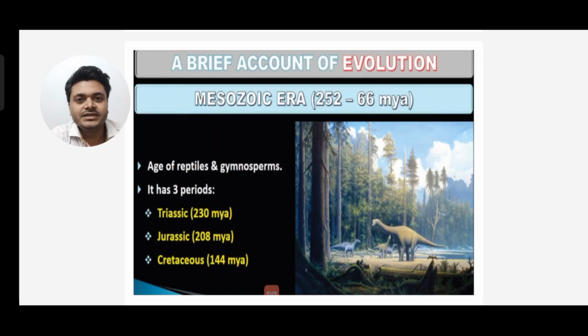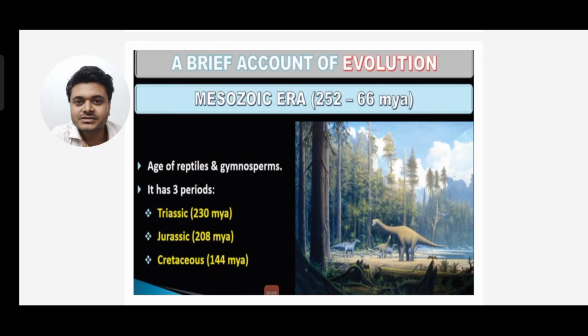So the next era is the Mesozoic era. Its origination is 252 to 66 million years ago. In this Mesozoic era, there is an age of reptiles and gymnosperms, and this era has three periods. One is Triassic, Jurassic, and Cretaceous.